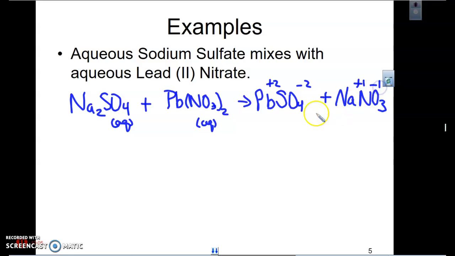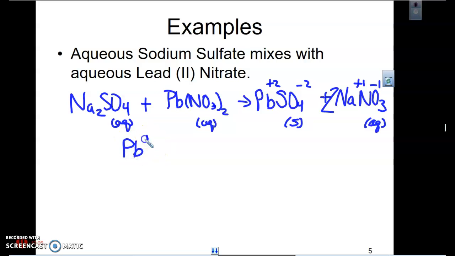And again, rookie mistake is to drag this 2 over. Don't do that. +1, -1. Now we look at our solubility rules, and we see rule 1 and rule 2 rule that out. But if you look at the sulfate rule, a lot of sulfates are aqueous, they're soluble. But there's an exception, or a couple exceptions, and one of those exceptions is lead 2 sulfate, and that does form a precipitate. All right, we would definitely want to balance by putting a big 2 there.